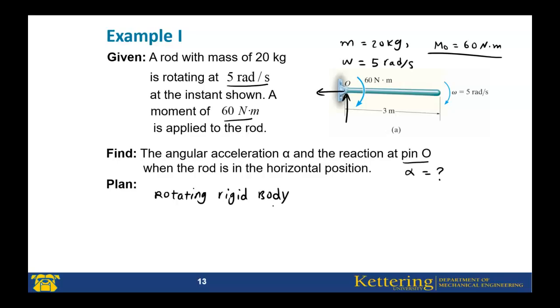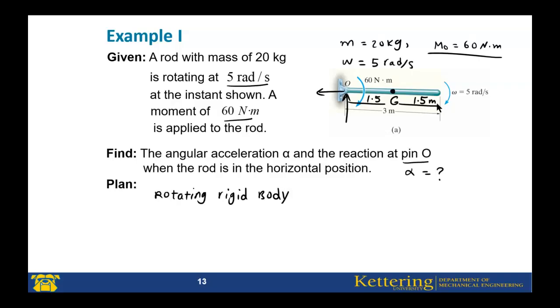Now for this one, we can use these equations. First, we establish the coordinate system. What coordinate system do we want to select? This is the center of mass for the rod, at the middle of the rod. The distance from O is 1.5, and also from the tip of the rod it is 1.5 meters.